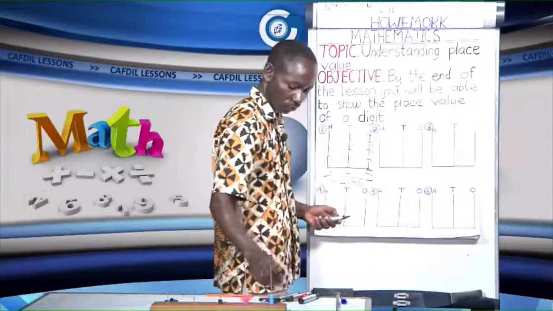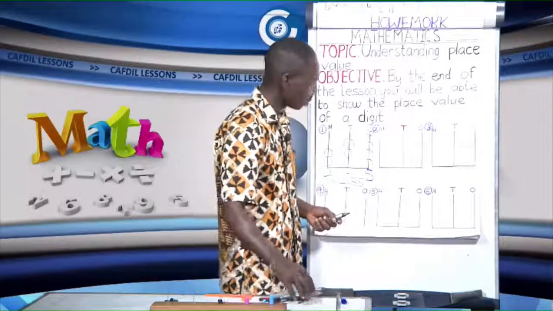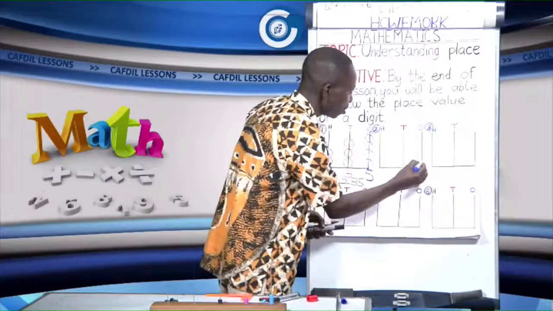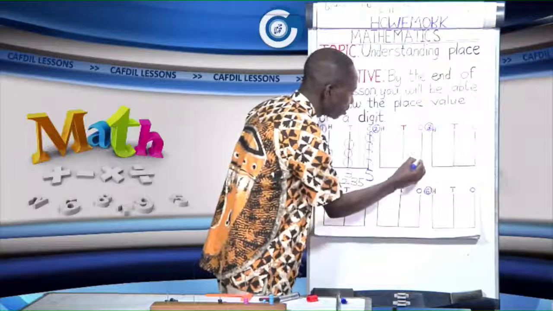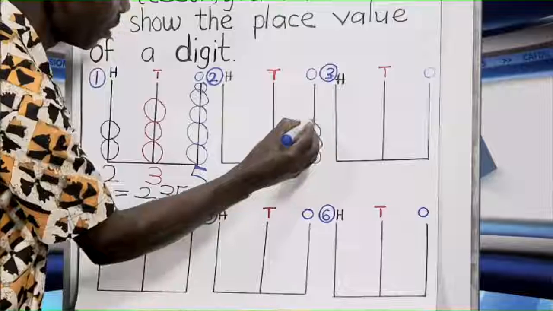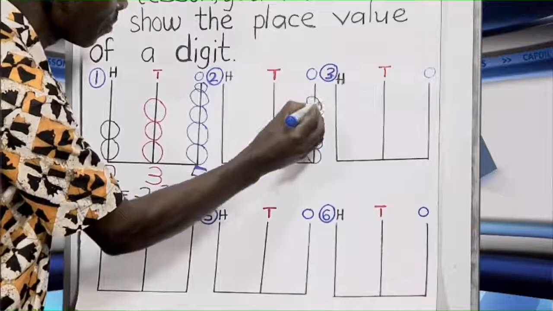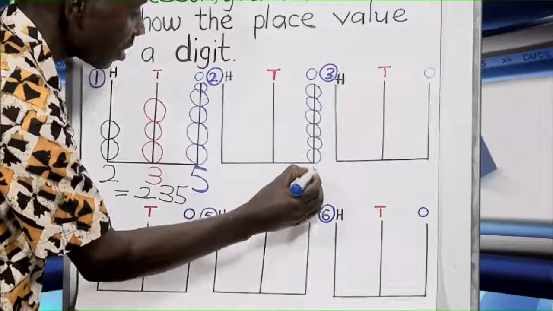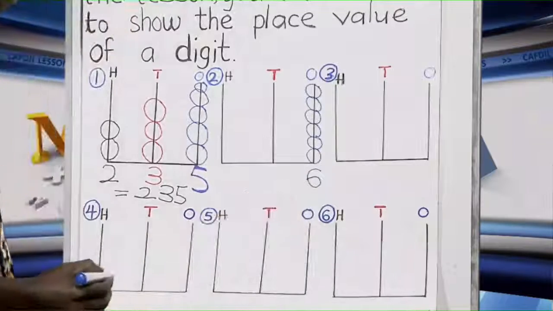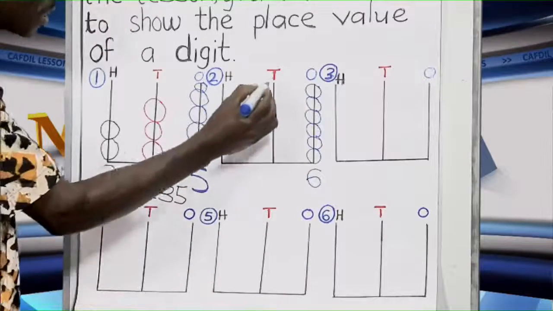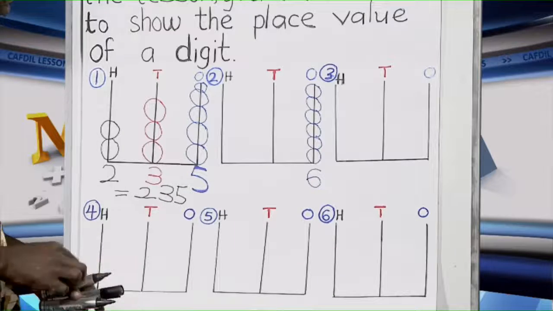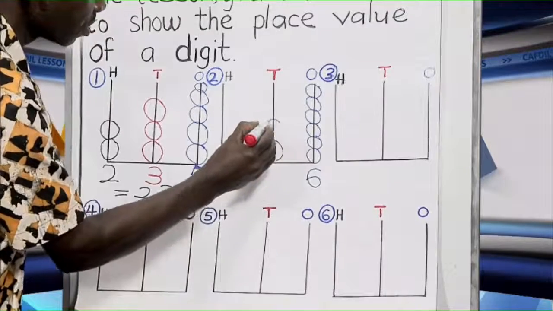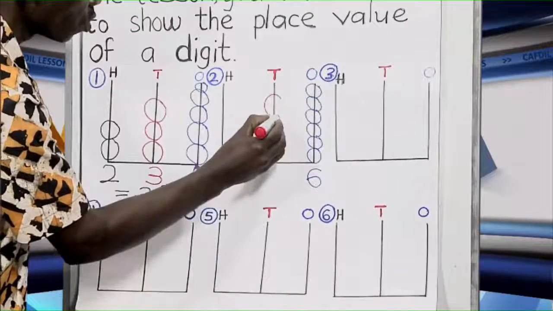Now let's come to another one. Let's say under ones column, we can put 1, 2, 3, 4, 5, 6. So we have 6 ones. Under tens column, we can have 1, 2, 3.